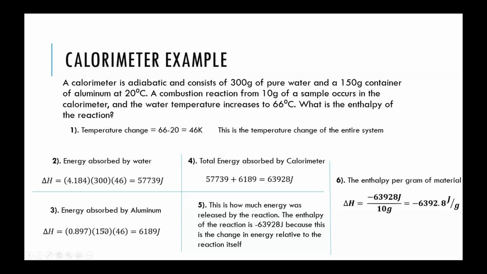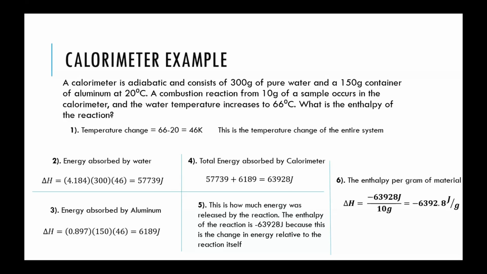So when this reaction occurs, the bulk of it was absorbed by the water, but some of it also was absorbed by the aluminum. That means the total energy absorbed by the calorimeter was both of these added together. So that's how much was absorbed by the calorimeter.